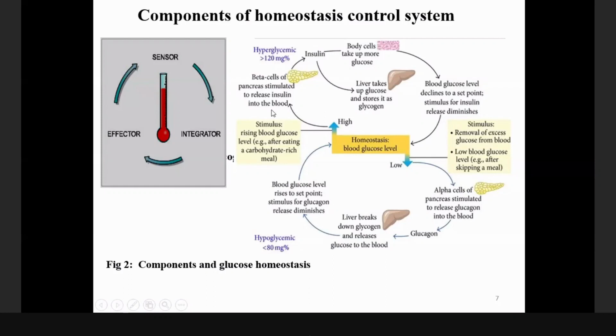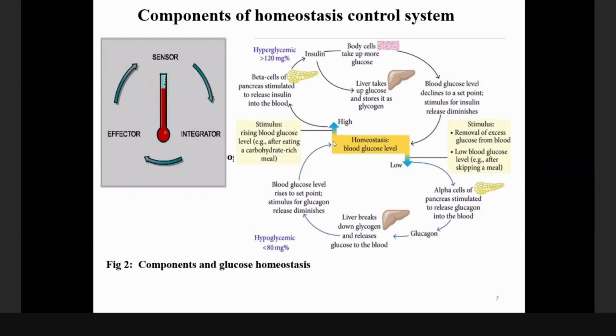So insulin is secreted, and that insulin makes your body, like your muscle or your adipose tissue, consume glucose. So glucose is going to be consumed by your body. If the glucose in your blood is in excess, and beyond your body's consumption, it should be stored in the liver, and that's called glycogenesis.